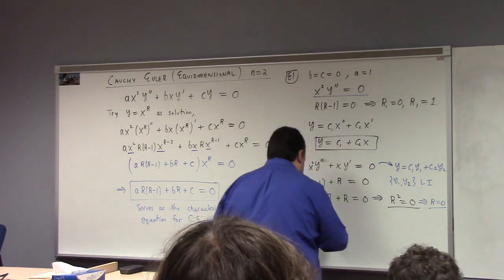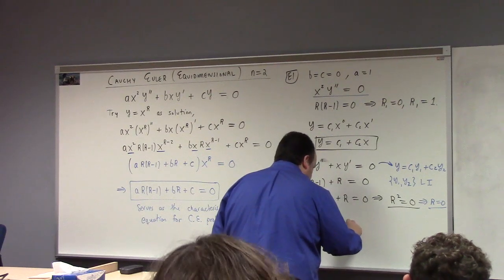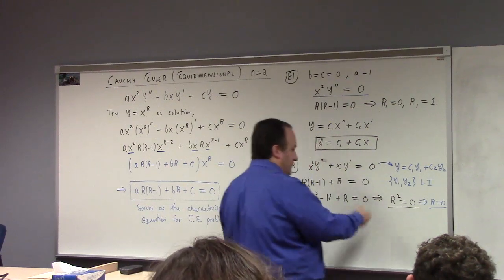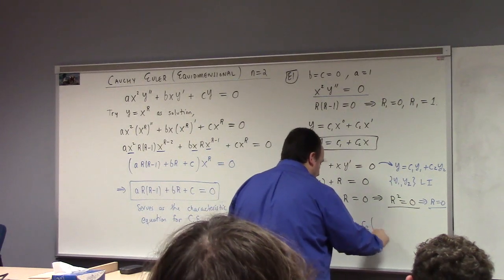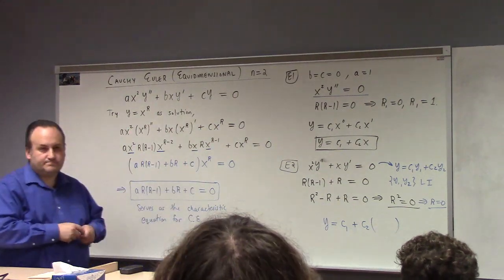Because I've got y equal to c1 x to the 0, which is just 1, right? So what gives? I need to do plus c2 times something. What should I do? Any ideas?